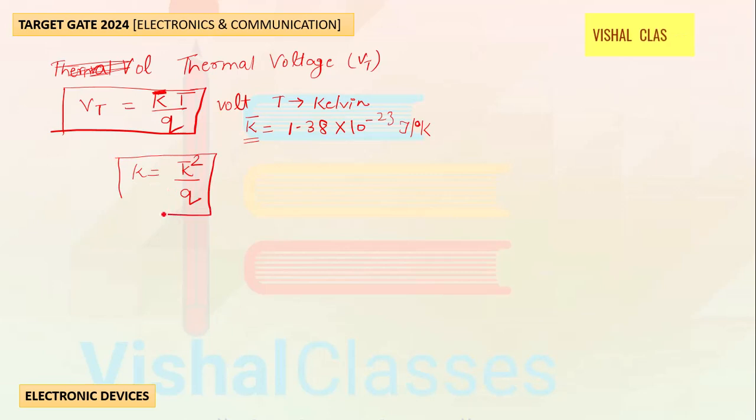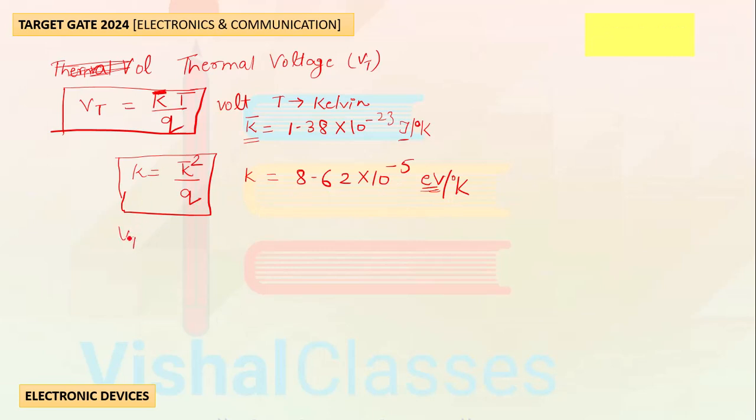Remember this, also write in notes. Its value is 8.62 into 10 raised to power minus 5 electron volt per degree Kelvin. Don't confuse: this is in electron volt, while the other is in joules.